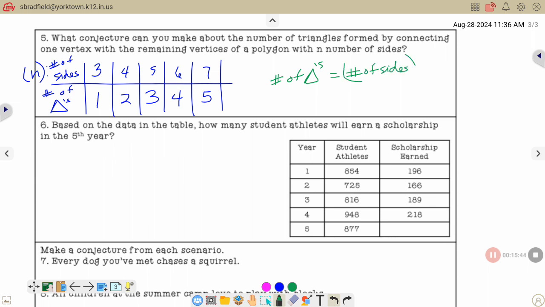Which is n minus 2. So that's our conjecture, that the number of sides minus 2 is equal to the number of triangles. That seems to be what's happening, doesn't it?